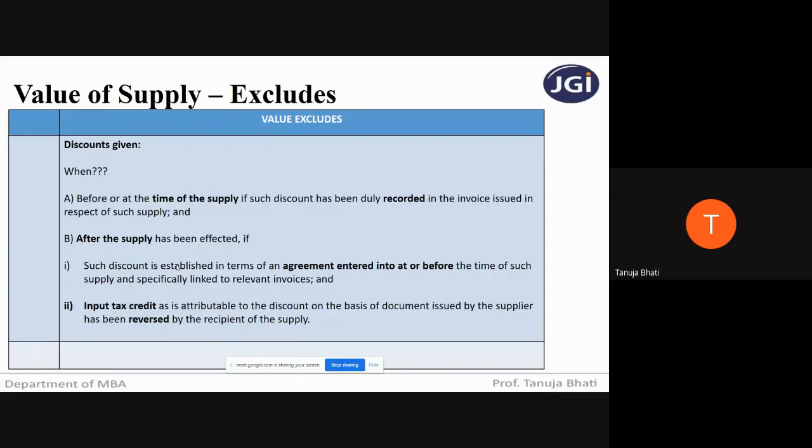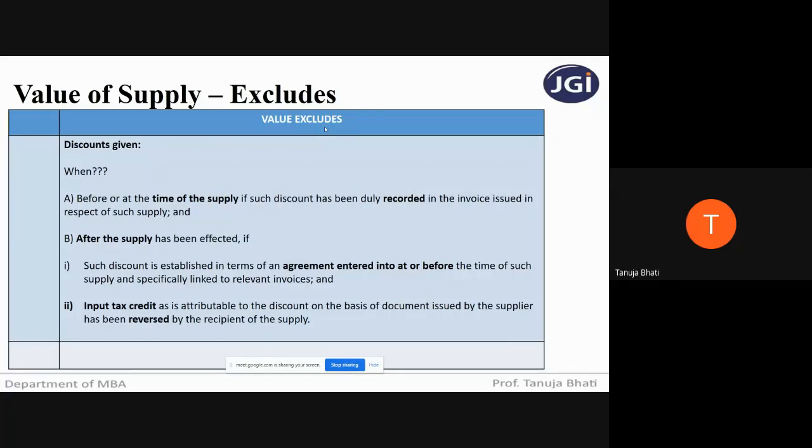Condition number one, agreement was already entered regarding the discount before or at the time of sale, and second thing is the input tax credit in relation to the discount has been reversed by the recipient of supply. If yes, then even discount that is given after the supply or sale is made has to be excluded. So students, is this particular slide clear to you all?